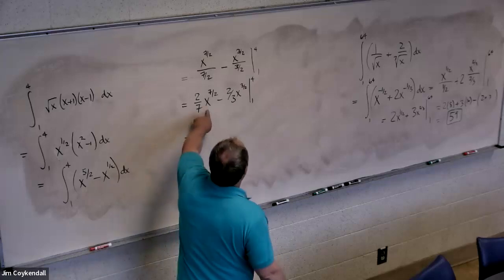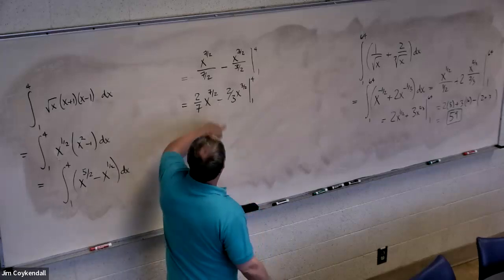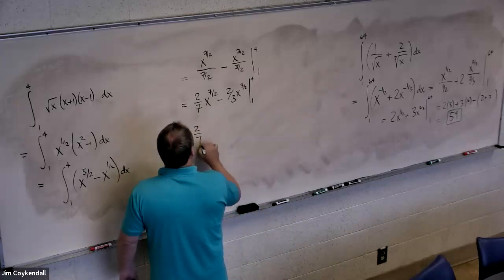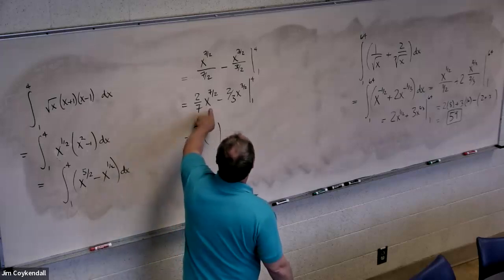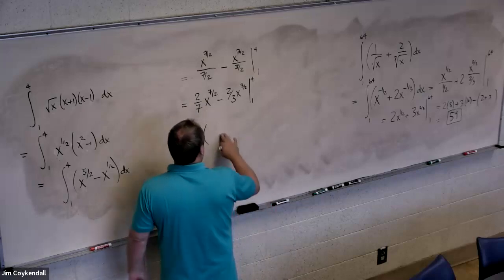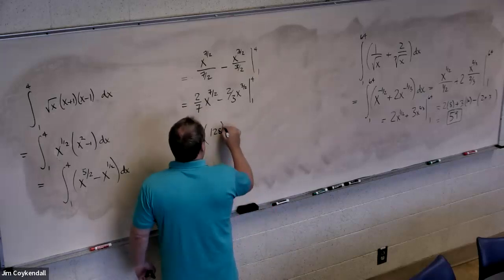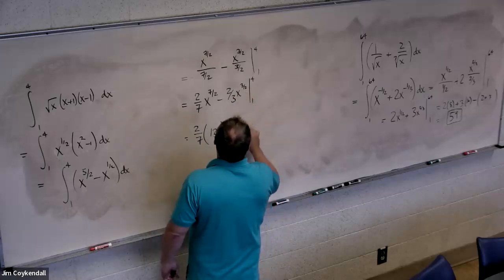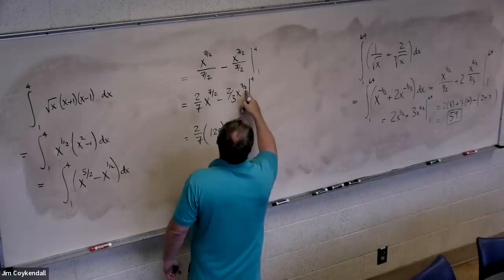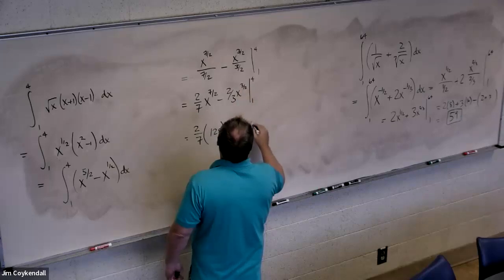When I put in 4 here, the square root of 4 is 2, to the 7th power is 128, so I get 2/7 times 128, that's 256 sevenths. The square root of 4 is 2, cubed is 8, times 2/3.